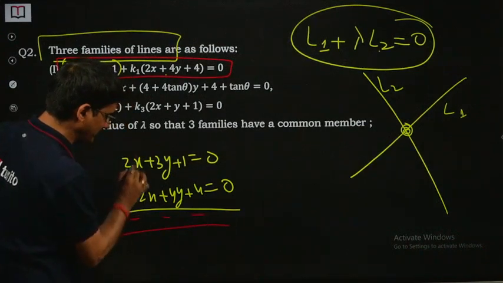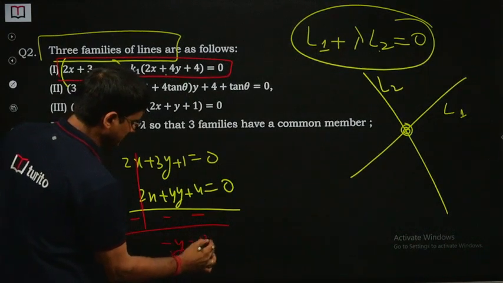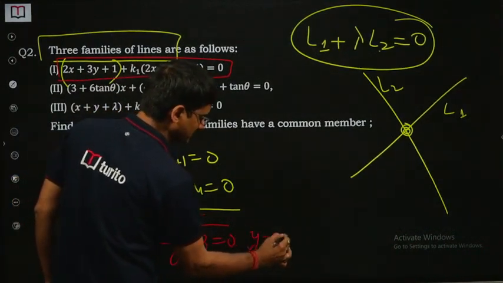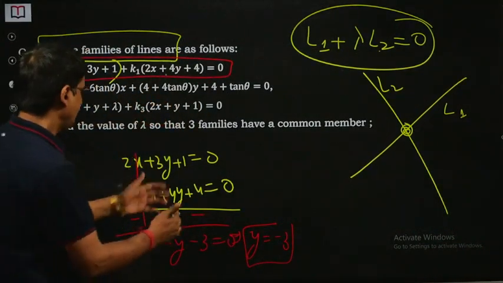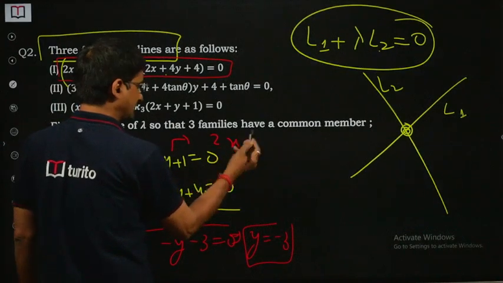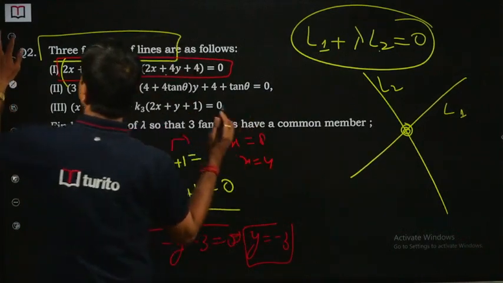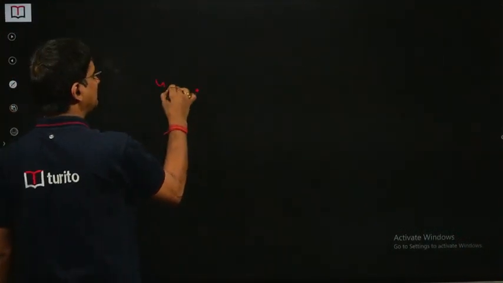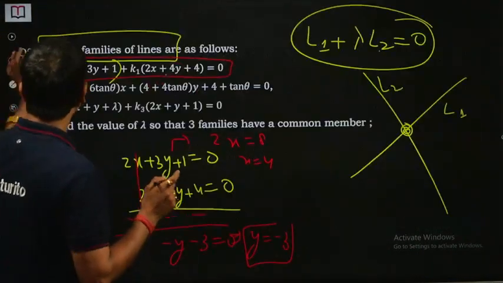If you solve it, we get minus y minus 3 equal to 0, so y is equal to minus 3. Put it here, so 2x is equal to 8 and x is equal to 4. So we got the first point, let's say 4 comma minus 3, through which all lines of this family pass.